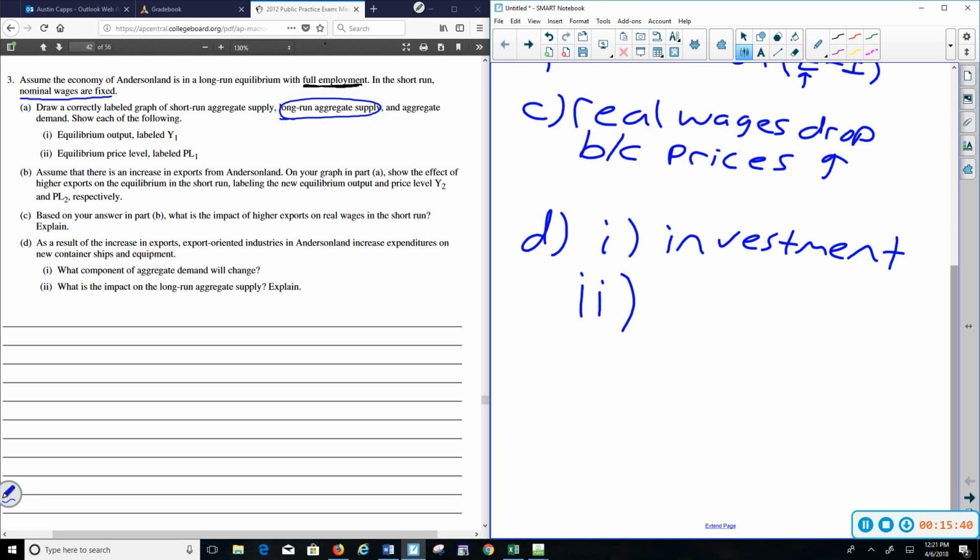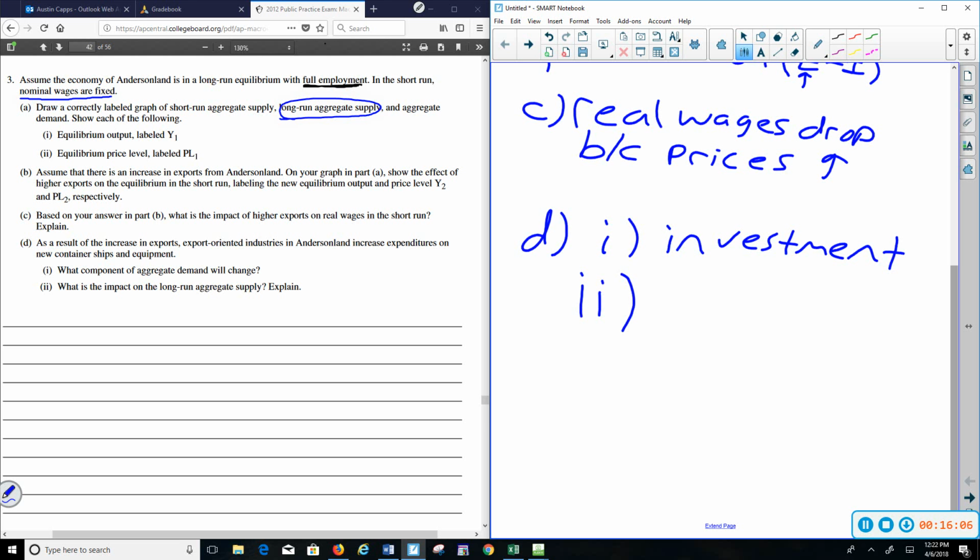Well, if all the businesses, or at least a large portion of businesses in the economy, are increasing the amount of capital that they have, and capital is what they use to produce goods and services, if they've got more capital, they can produce more goods and services. And if the amount of goods and services that businesses in our country can produce is increasing for each business, then the amount we can produce as a whole in the economy is increasing.